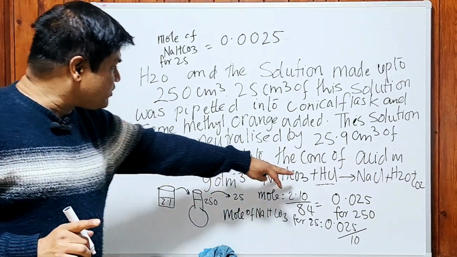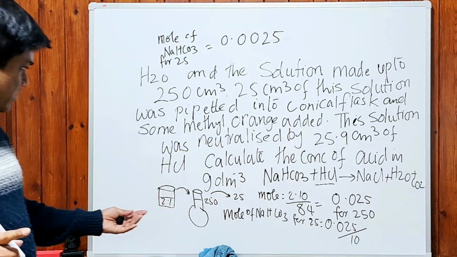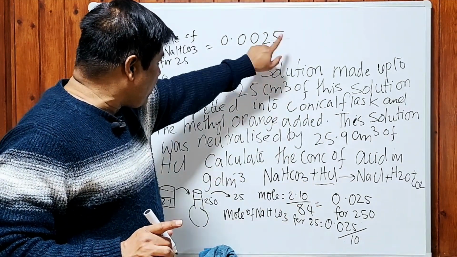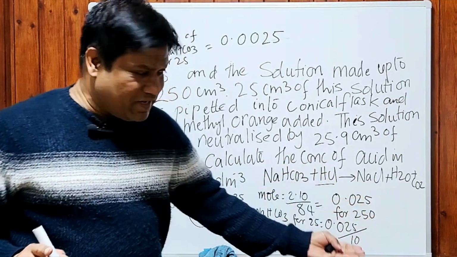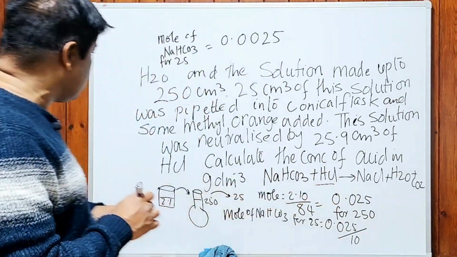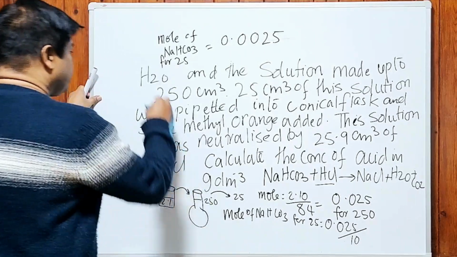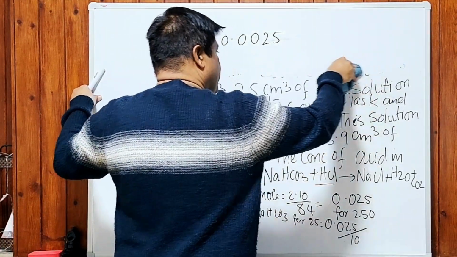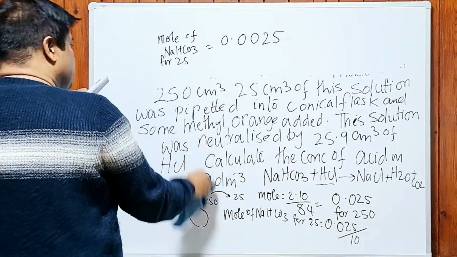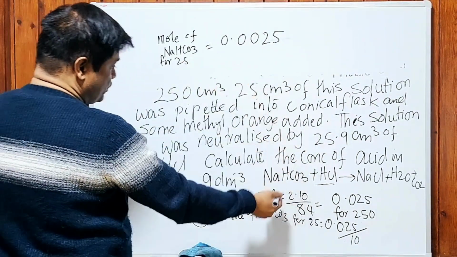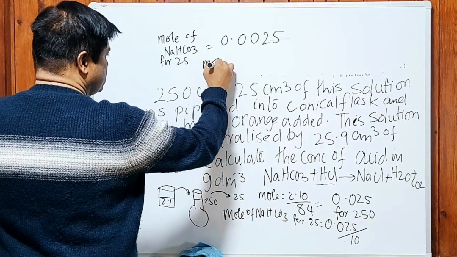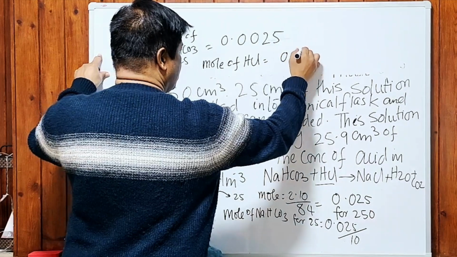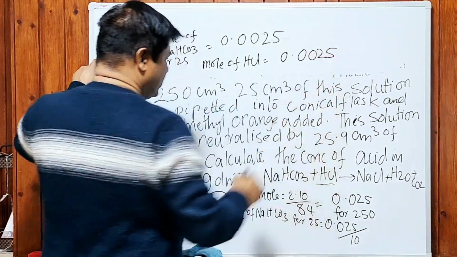Can we work out the mole of HCl? Yes, you can easily work out the mole of HCl. What's the molar ratio? 1:1. Because the ratio of HCl and sodium hydrogen carbonate is 1:1, the moles of HCl equals 0.0025.